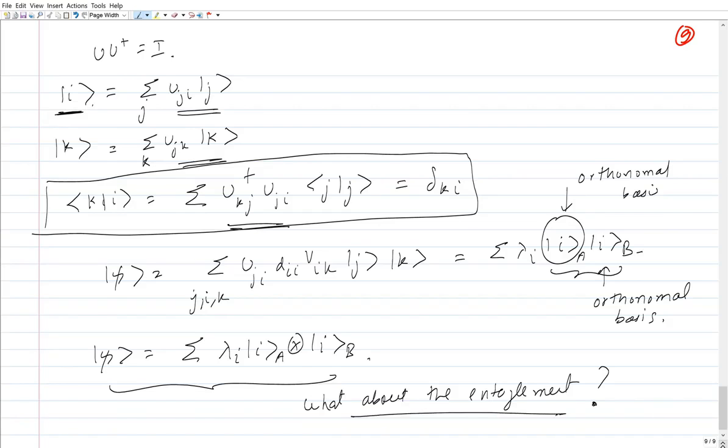Remember, we already discussed that the state is entangled when it cannot be expressed as a product state.